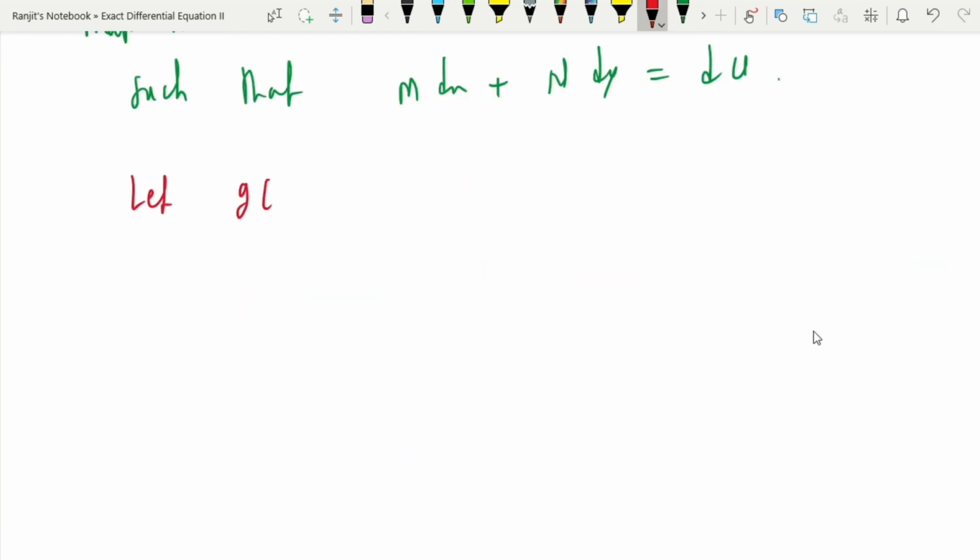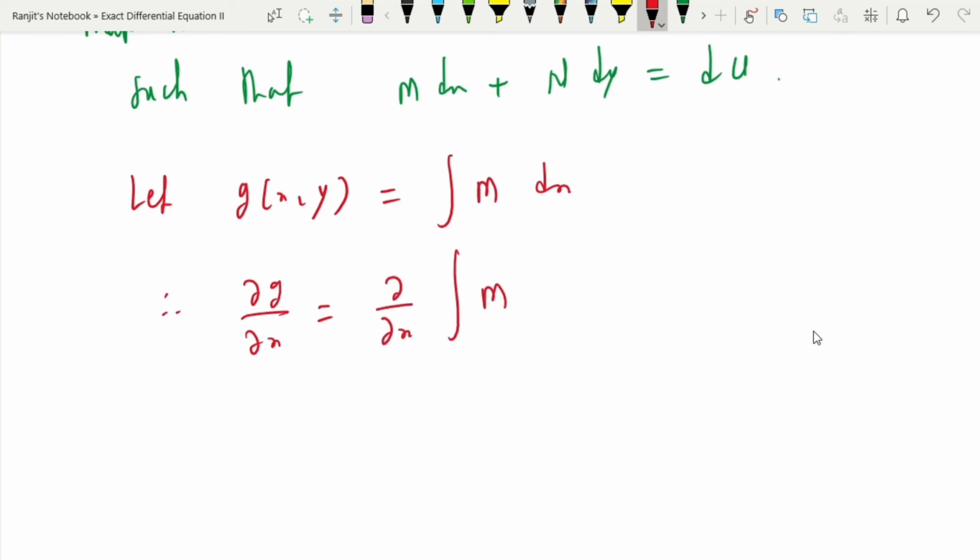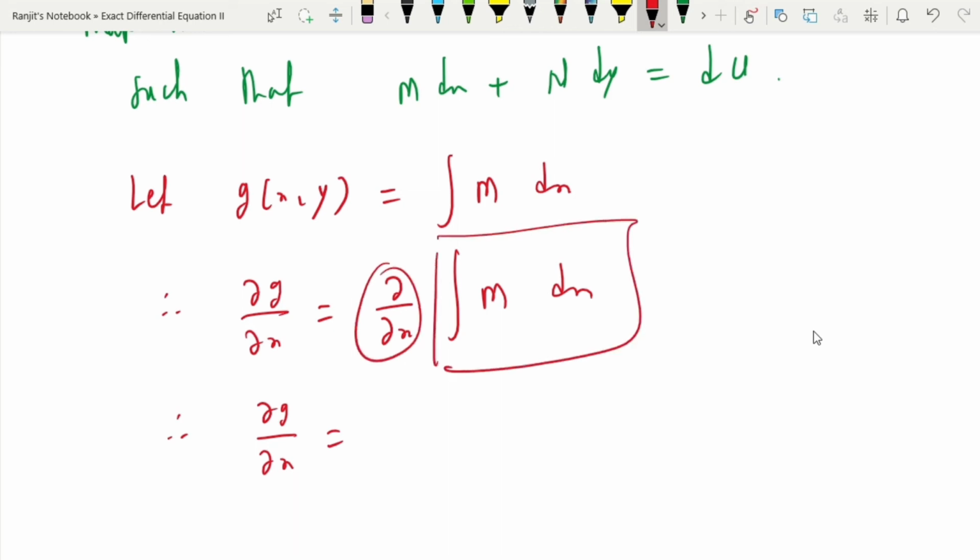Now let g of x,y be equal to the integral of M dx, meaning the partial integral of M. Therefore, ∂g/∂x is equal to ∂/∂x of the integral of M dx. The derivative of this integral is M, that is, M is equal to ∂g/∂x.